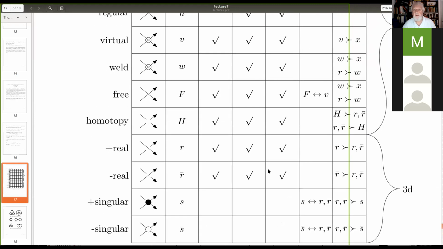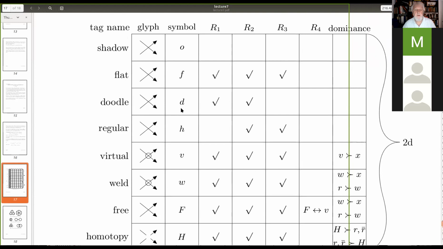There are various other things, I've got them here. There's flat knots, there's doodles, there's regular homotopy, virtual knots. They obey the same rules as the flat knots, all R1, R2, R3, but they dominate everything. That's that little symbol there. I won't say what that means, but that's the power of virtual.